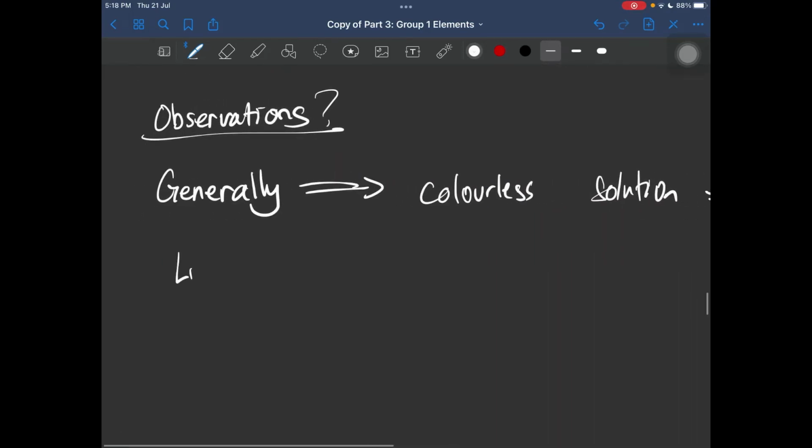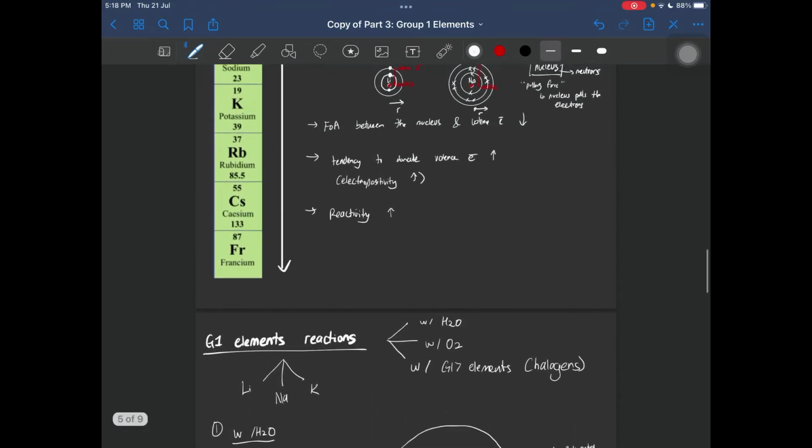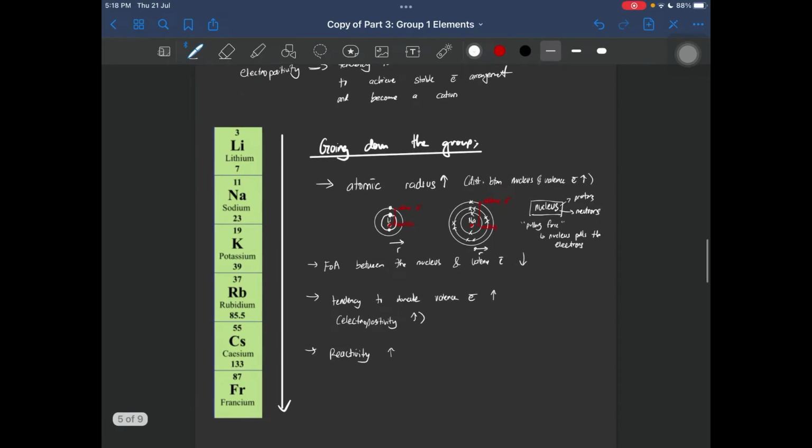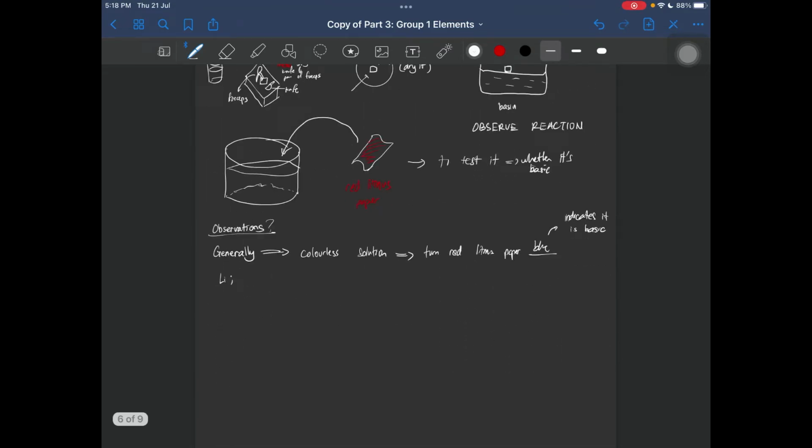So for lithium, if we look at what we've discussed earlier, going down the group, the reactivity will actually increase. So lithium is actually the least reactive metal in the group.